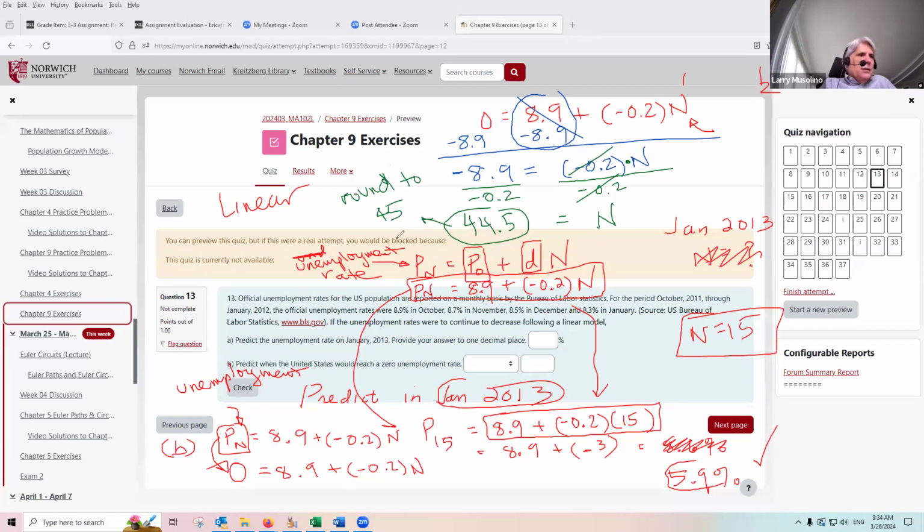All right, so what we got to do now is, if October of 2011 is N equals 0, we've got to figure out what month is 45 months ahead of that.